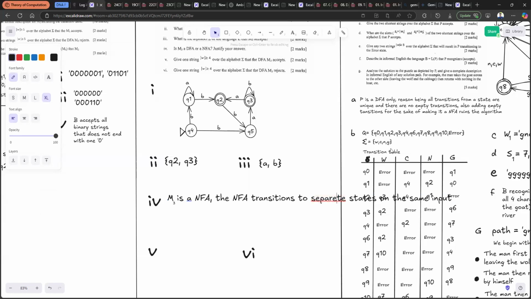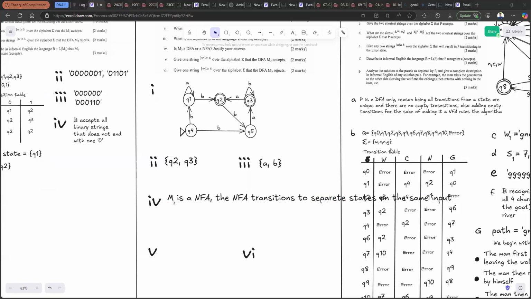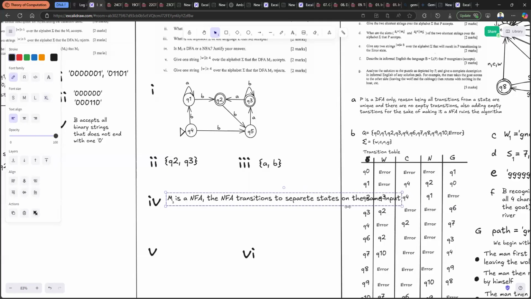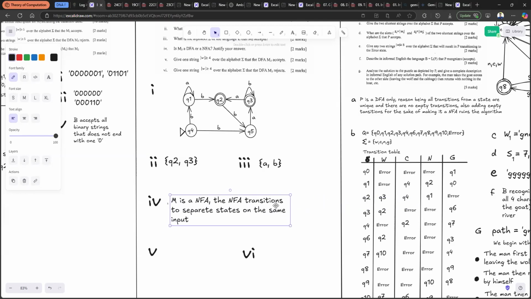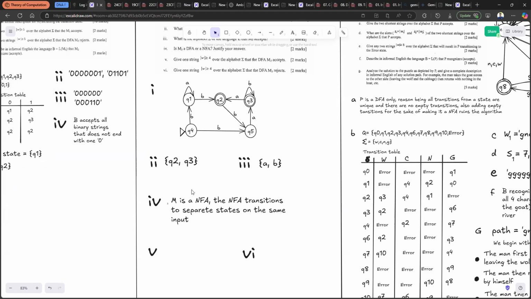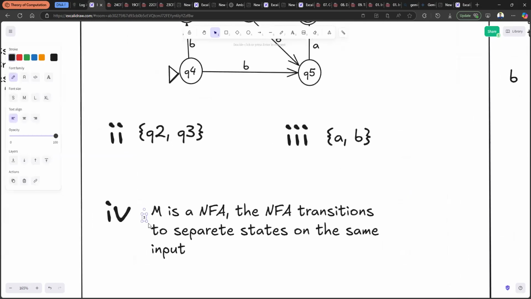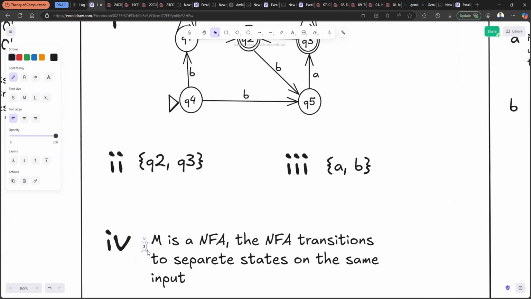I might have to leave the spelling. But what I'm basically saying is that it goes to different places on the same input. Let me unmerge it because this is not good. Yeah, so it goes to different places on the same input. On a B, it can either go to Q1 or Q5. So that's quite non-deterministic.